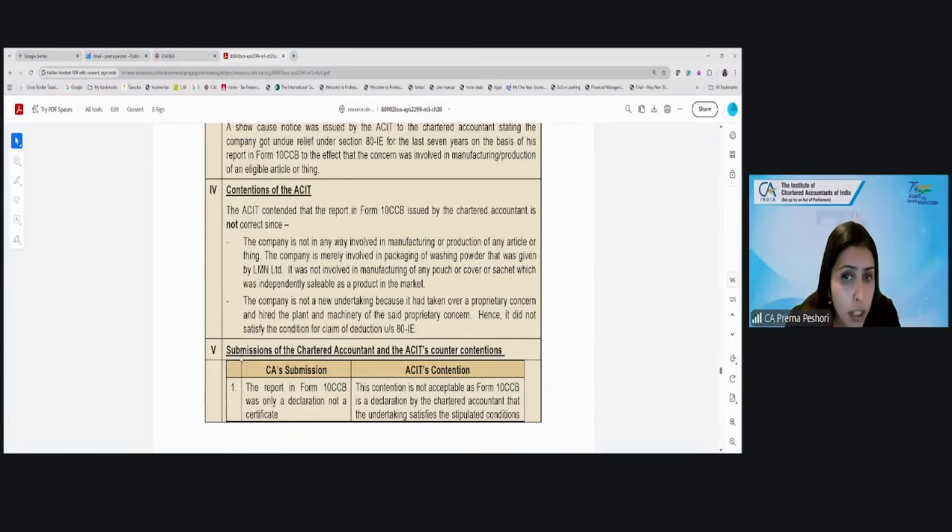It was not involved in manufacturing of any pouch, cover, sachet, which was independently sellable as a product in the market. The company is also not a new undertaking because it had not taken over a proprietary concern and hired the plant and machinery of the proprietary concern. So it was not even a new undertaking. It was just an old business started as new. Hence, it did not satisfy the condition.